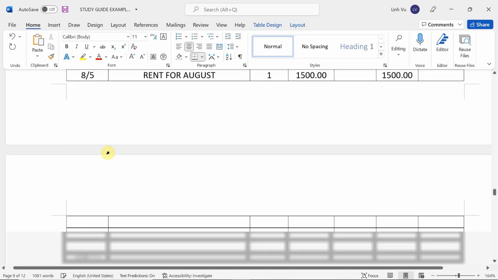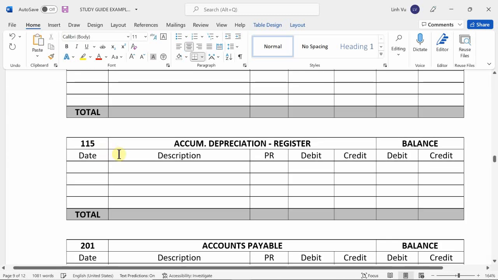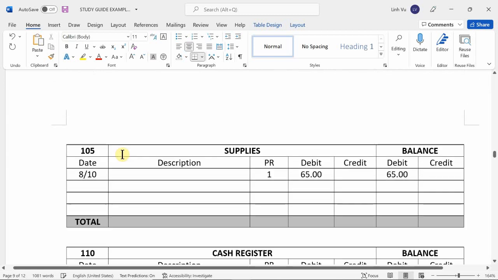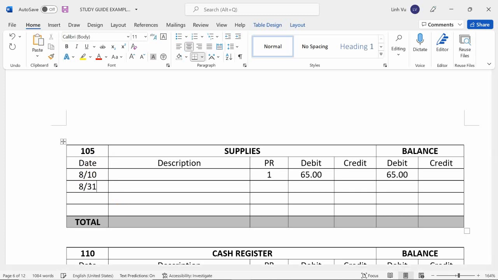I need to adjust my supplies to reflect that I no longer have $65 worth of supplies. Adjustment: we used up $15, so 65 minus 15 should give you $50 remaining.